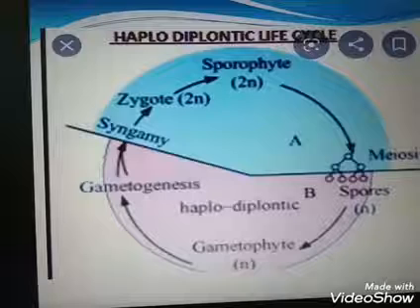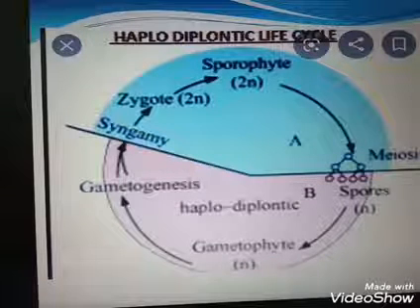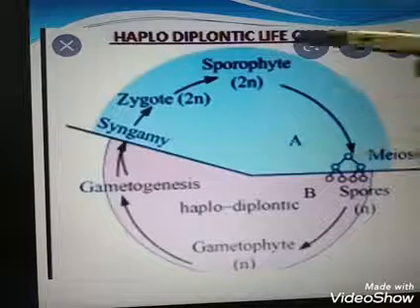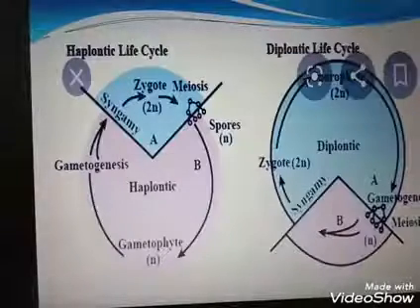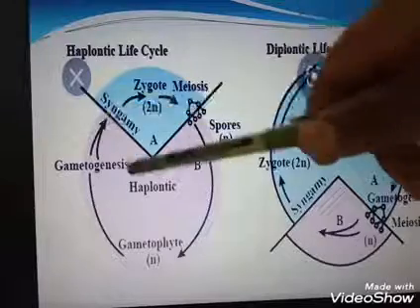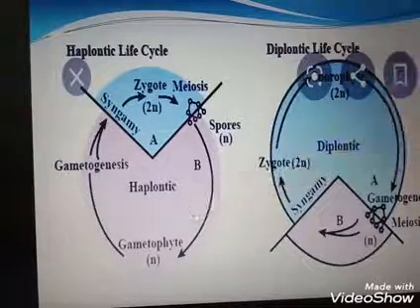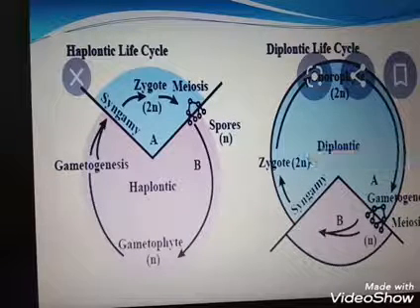Okay. So this is a picture. Haplodiplontic, here the two stages are equally distributed in the life cycle of an organism. Then here it is haplontic, so the majority of the life cycle goes to the haplontic phase, and here in the diplontic, the majority of the life cycle goes to the diplontic phase.